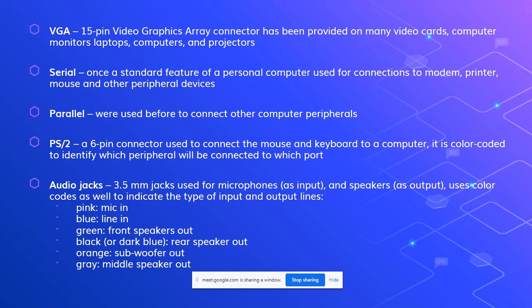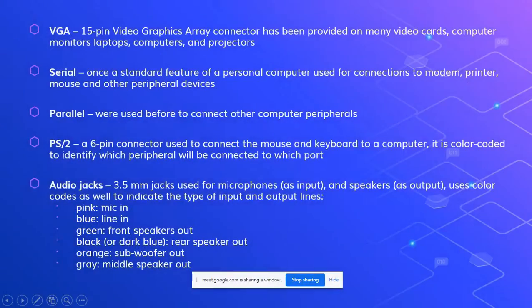So, ganito yung connection na ginagamit para ma-connect yung mechanical keyboard and mechanical mouse is by the use of PS2 connectors. So, this is a cable, a 6-pin connector used to connect mouse and keyboard to a computer. So, yeah, before it is replaced by USB connection, ito na muna yung gamit for a keyboard and mouse.